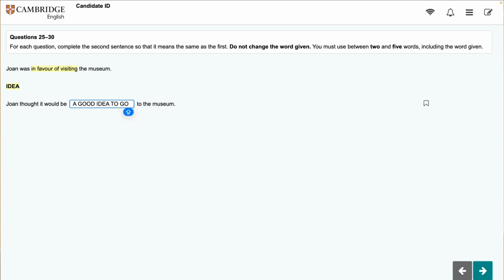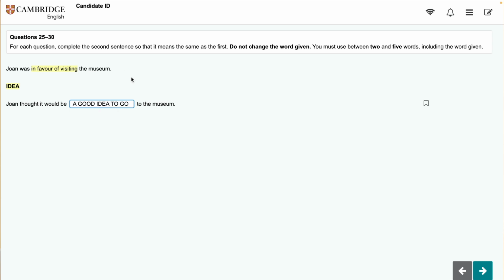Let's double check. I've used the word idea unchanged. In my answer, there are 5 words, a good idea to go, and my sentence is grammatically correct and has got the same meaning as the sentence above. John was in favor of visiting the museum.